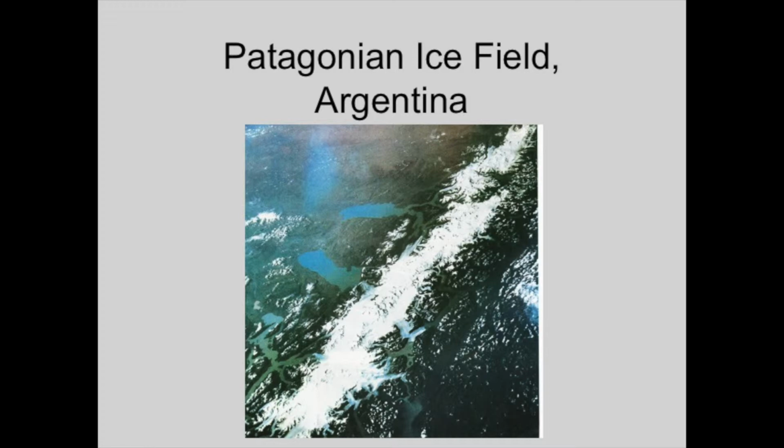The Patagonian ice field of Argentina represents an ideal example of this subtype. An ice field's ridges and peaks are visible above the buried terrain that they cover, and this ridge and peak system in geomorphology is termed a nunatak.